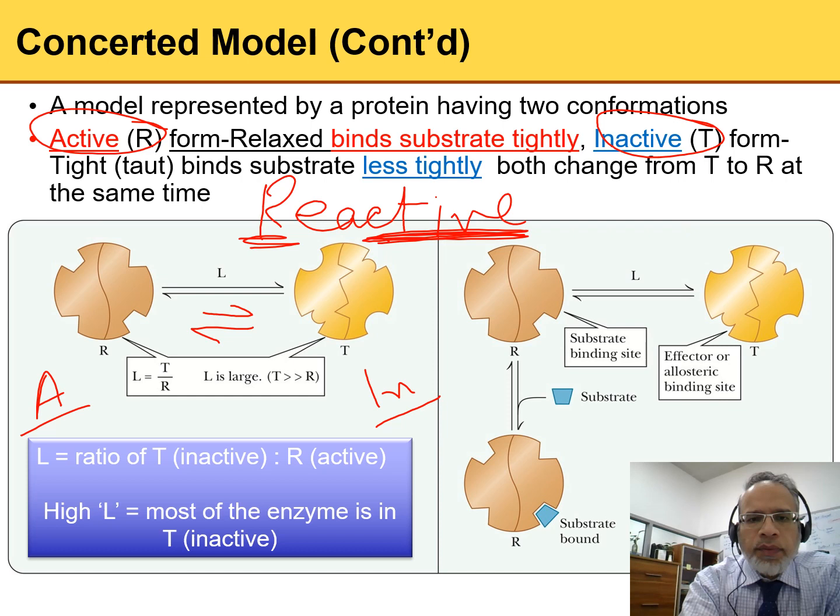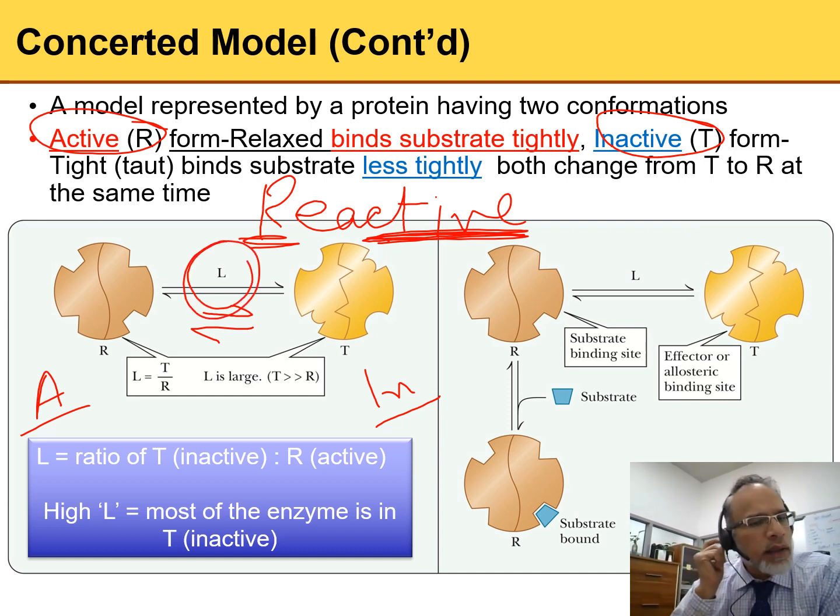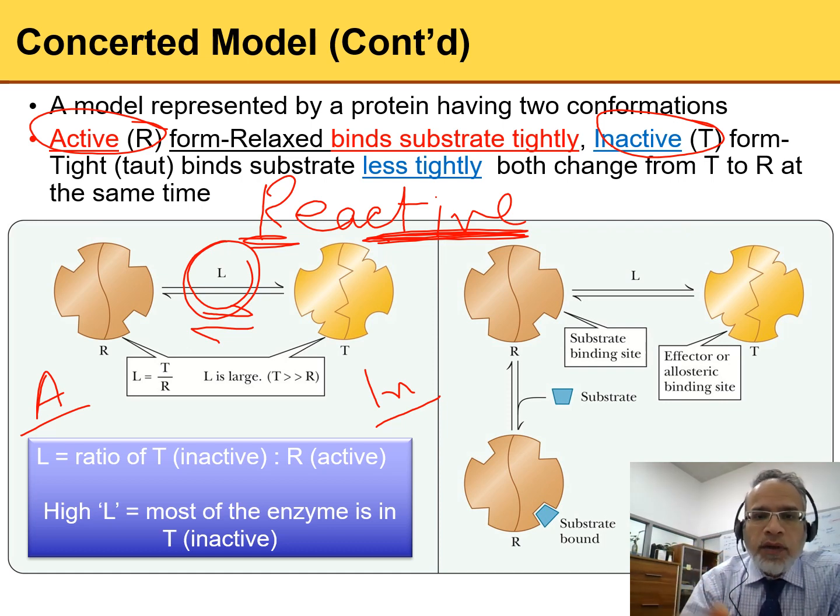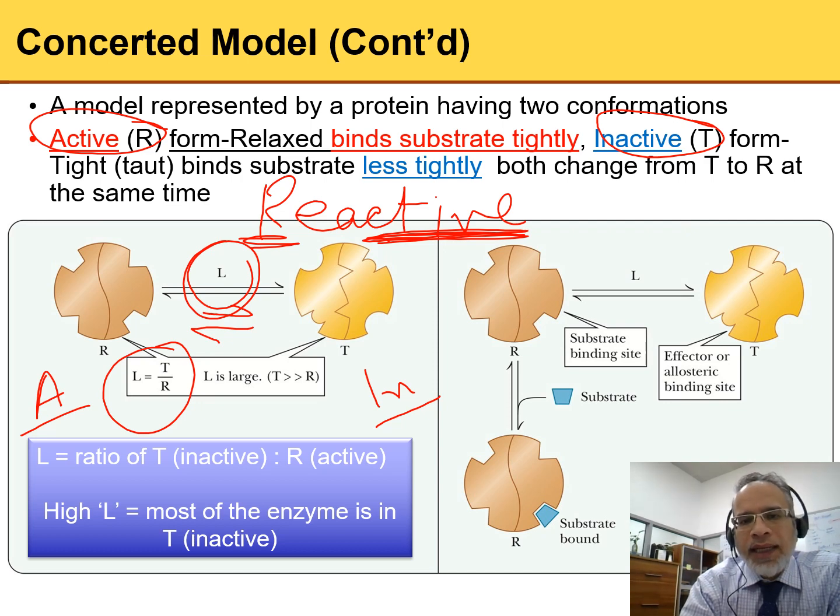This equilibrium is represented by a constant called L, and L is the ratio of T over R. If L is big, that means T is big, so the enzyme is mostly in the inactive form.